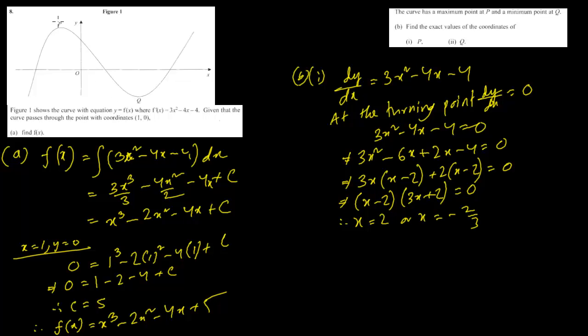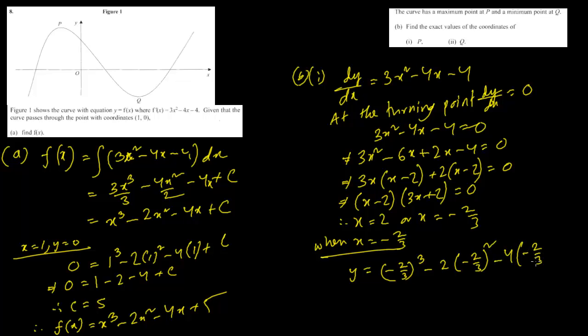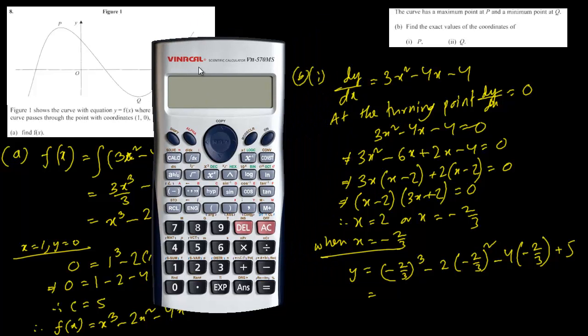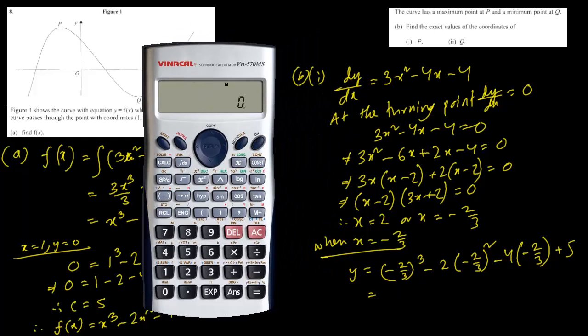Now it is obvious the coordinate of P is going to be negative x. So when x equals minus 2 by 3, y equals minus 2 by 3 whole cubed minus minus 2 by 3 whole squared minus 4 times minus 2 by 3 plus 5. Now we can use the calculator. It's always a good idea to do some of the calculation in your head.